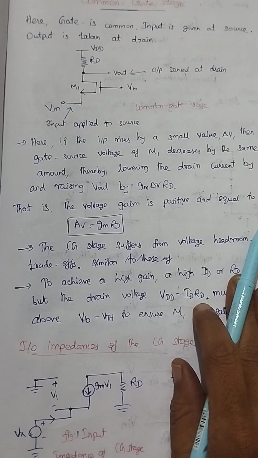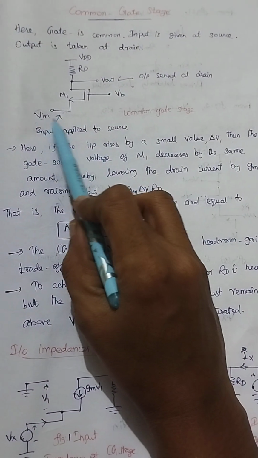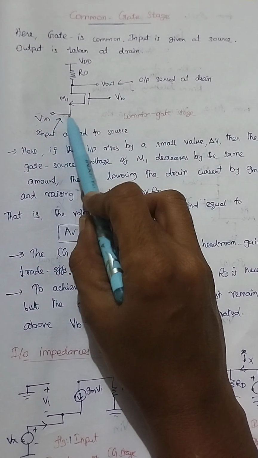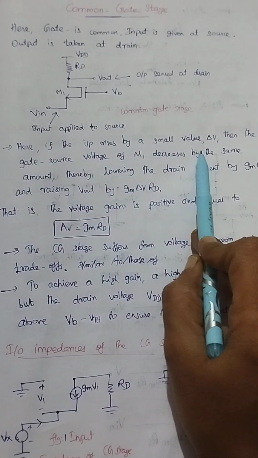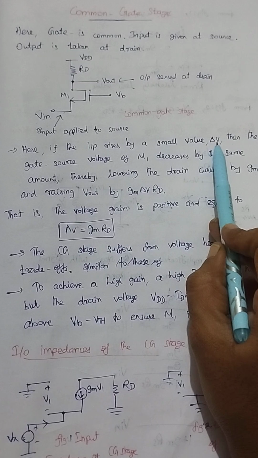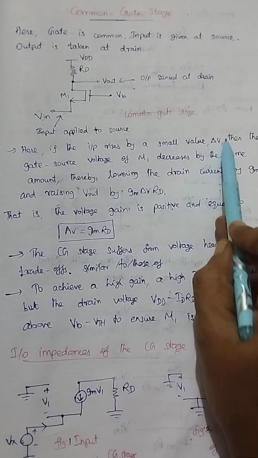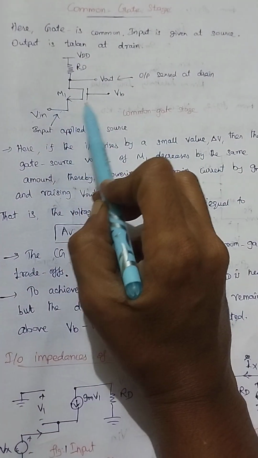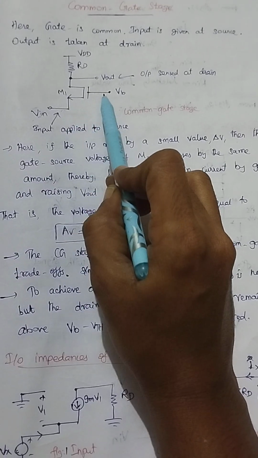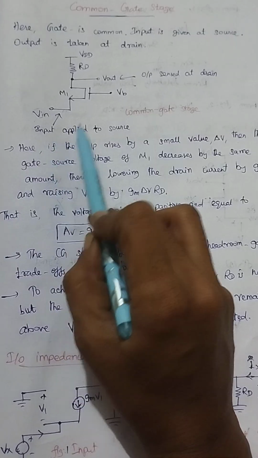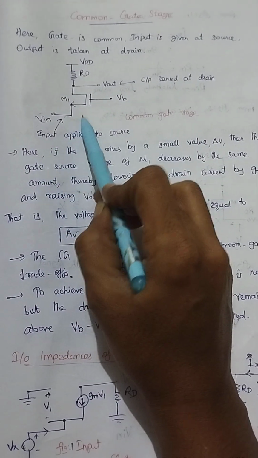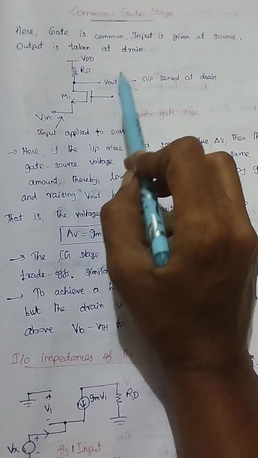Here, if I am increasing my input value by a small amount, let us take that as del V. What will happen? The voltage between the gate and source will be decreased. Because of this, your drain current will be lower.